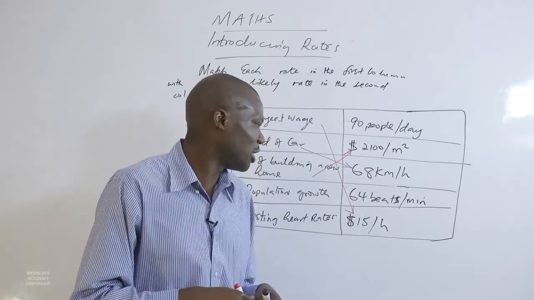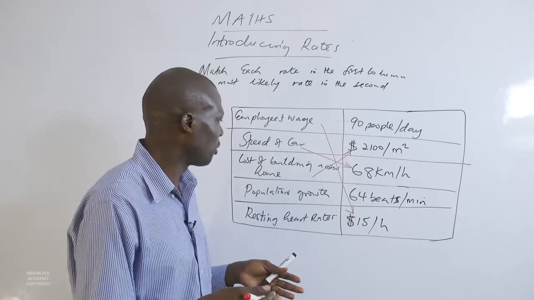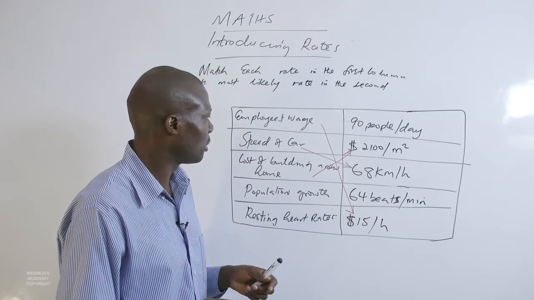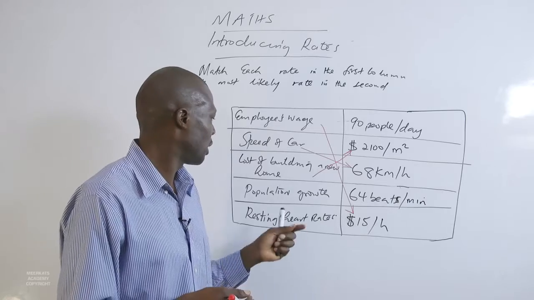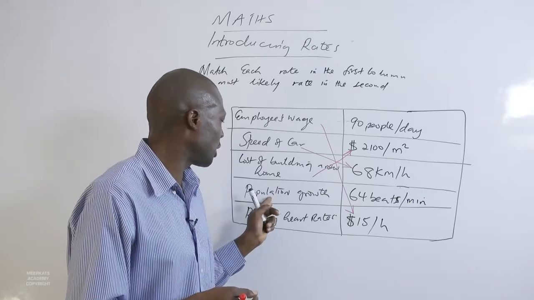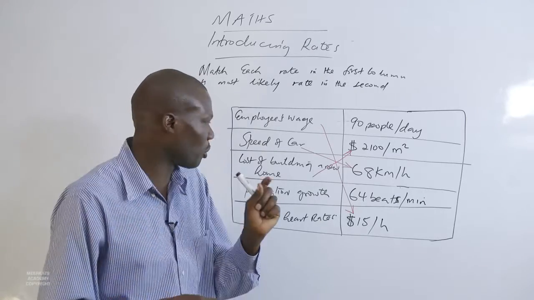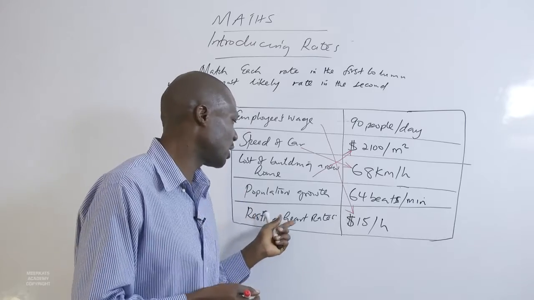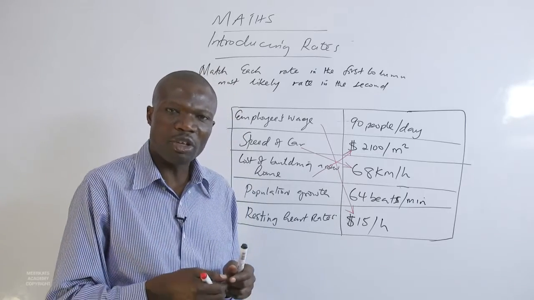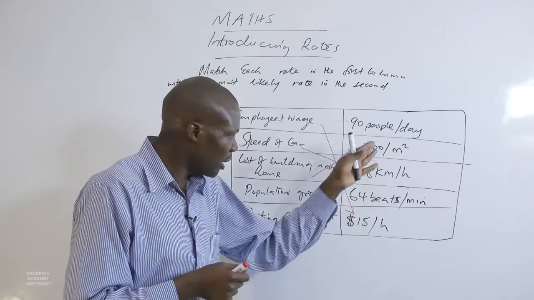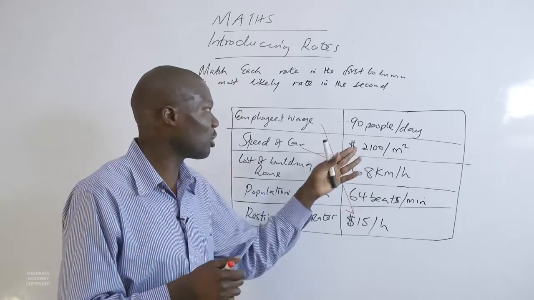The last ones, you don't need again to start thinking loud and looking for it. We have two more remaining. The second last is population growth, and the last one is resting heart rates. Population growth is about people. Anything touching on people here is the first one.